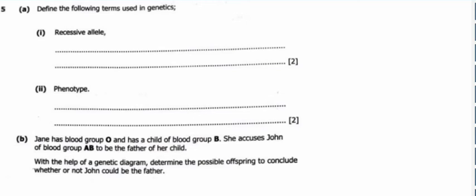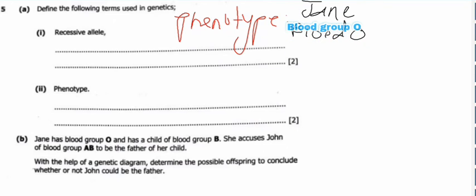Now, since we know that blood group O exists as homozygous recessive, the first thing we are going to start with is the phenotype. The phenotype is just the outward appearance of a living organism. So we have Jane, who has blood group O, being crossed with John, who has blood group AB.